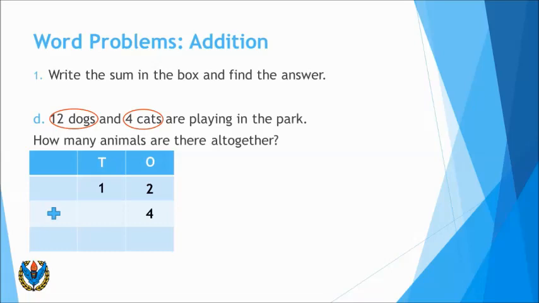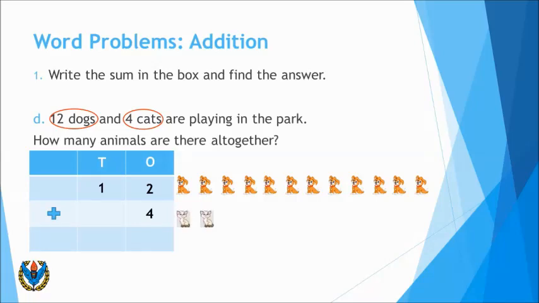How many dogs do we need to count? 12 dogs. So count them with me. 1, 2, 3, 4, 5, 6, 7, 8, 9, 10, 11, 12. 12 dogs. Now cats. 1, 2, 3, 4. 4 cats.